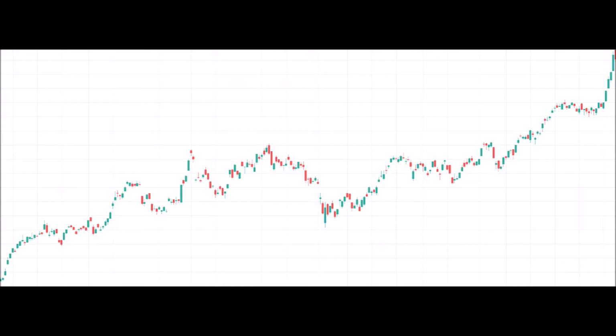Here's an example of a real life stock that is currently in an uptrending scenario. And what you'll be able to see here is actually a cup and handle pattern. I don't know if you can spot it, but if you can, it is right here.